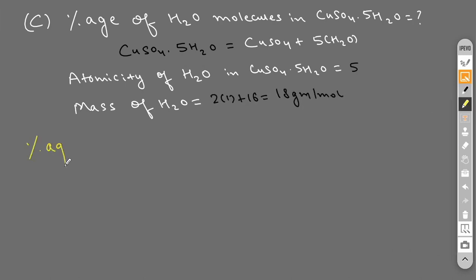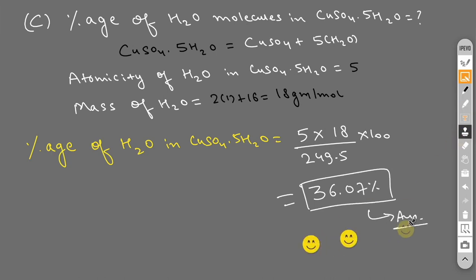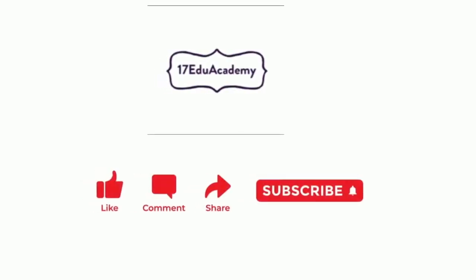Now simply write the formula. The percentage of H2O in CuSO4.5H2O will be equal to atomicity, which is 5, multiplied by the mass of water, 18 gram per mole, divided by the molecular mass of the compound, 249.5 gram per mole, multiplied by 100. On solving, it will come out to be 36.07%. Hope you understand this.